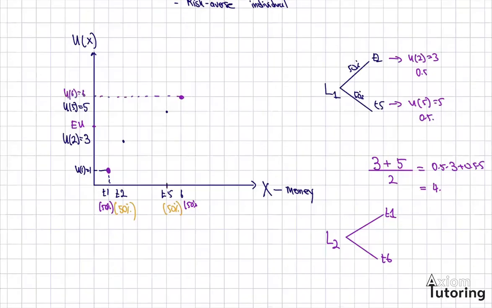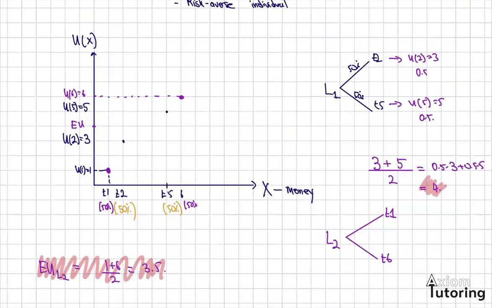The expected utility of the purple lottery, or lottery 2, is simply going to be equal to the simple average. 1 plus 6 divided by 2 is 3.5. And just having those 2 points, the expected utility maximizer assumption is going to allow us to say that this individual will prefer lottery 2 to lottery 1. Okay, that's the first thing.